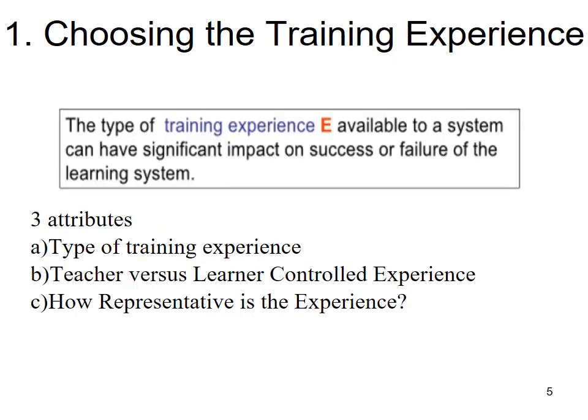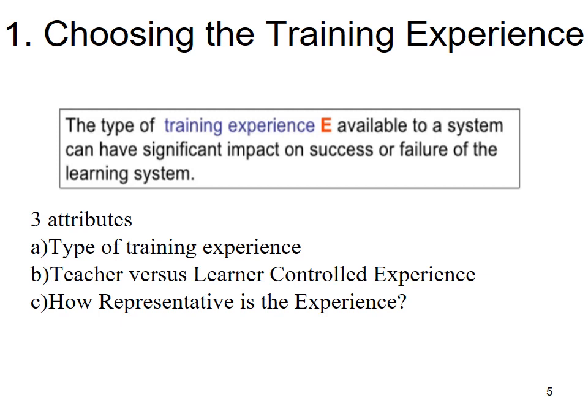Okay, let us move on with the first design choice, that is choosing the training experience. The type of training experience available can have a significant impact on the success or failure of the learner. That means, if you want to drive a car, only watching videos of driving a car and then driving the car on the road may end with an accident.